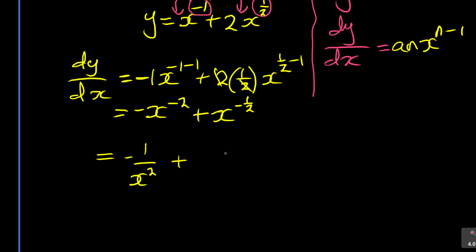Plus 1 over, since it's negative like this, it's going to be 1 over x to the power of half. That x to the power of half is simply the square root of x. So this then becomes positive exponents. Are you with me?